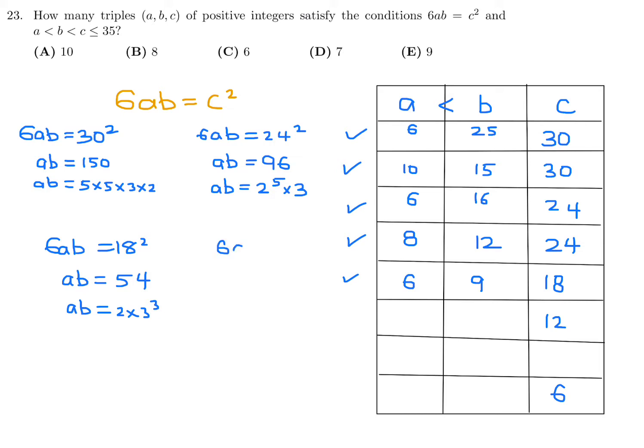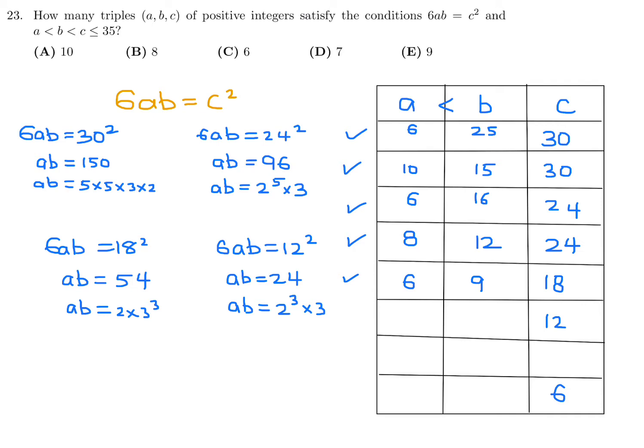Now let's use C equal to 12. So 6AB is 12 squared. That means AB is 24. 24 in terms of its prime factors is 2 to the power 3 times 3.